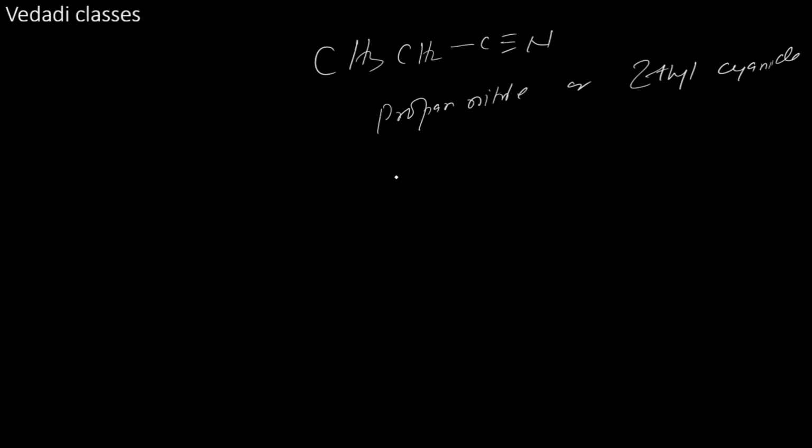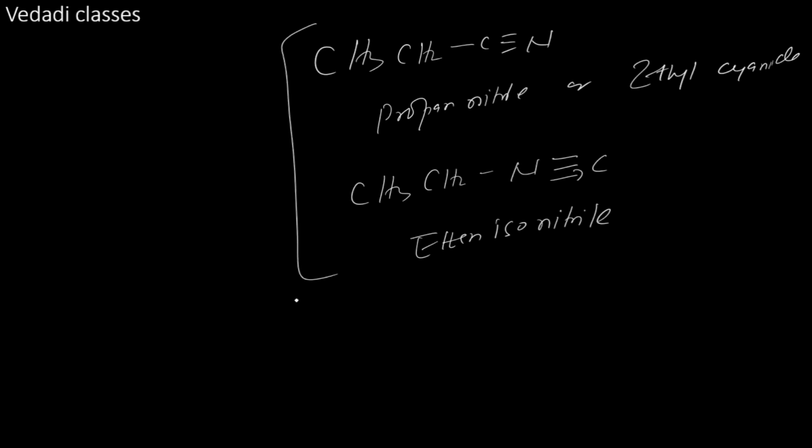Now we take the isocyanide like CH3 CH2 N double bond covalent bond C. This is also 3 carbon, but this time we will say ethane isonitrile. Now check the molecular formula again.